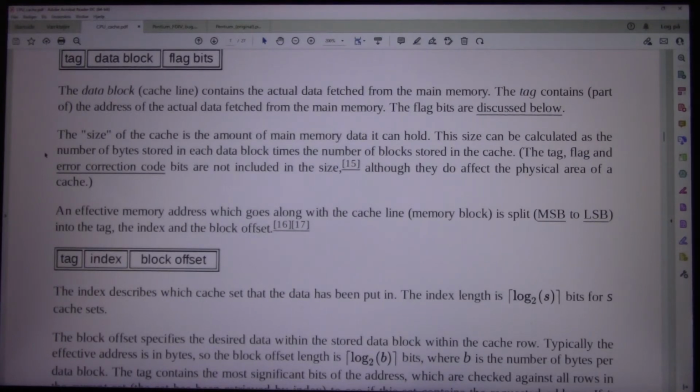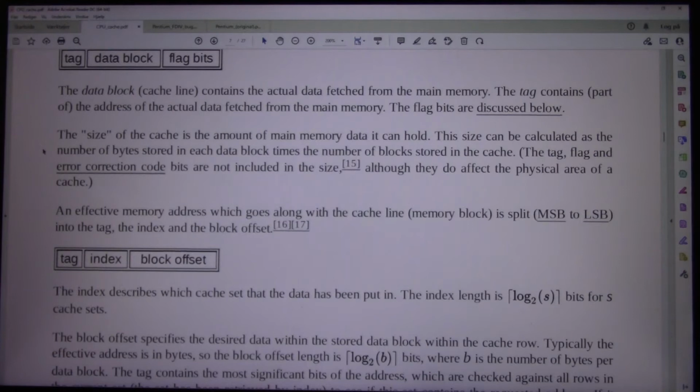The size of the cache is the amount of main memory data it can hold. This size can be calculated as the number of bytes stored in each data block times the number of blocks stored in the cache. The tag, flag and error correction code bits are not included in the size, although they do affect the physical area of a cache.